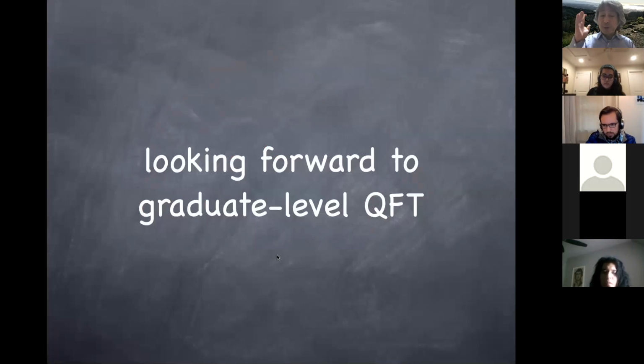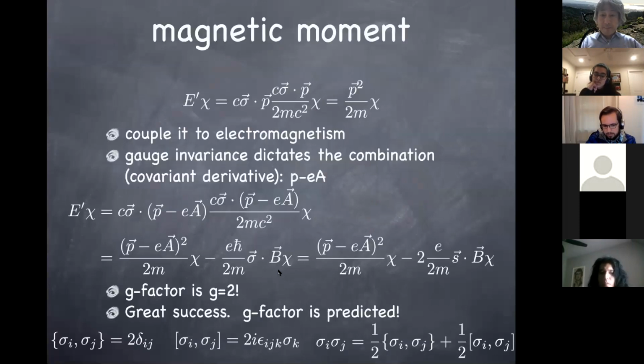So let me just very quickly give you some upshots on what you might expect when you go to graduate level QFT. We talked about the g factor being 2. Now that we learned that all the forces have to do with a virtual photon, the magnetic field is also a virtual photon.